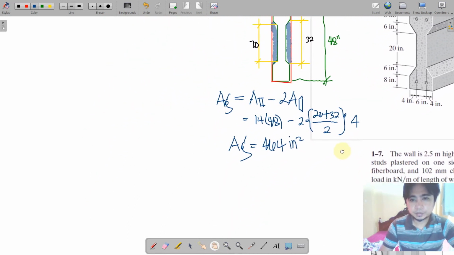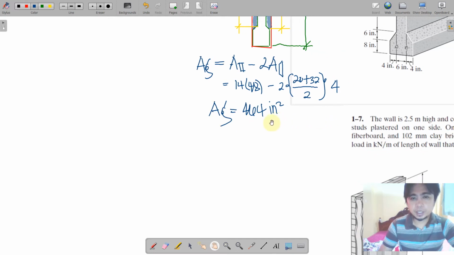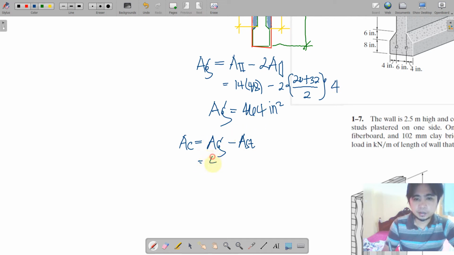Now we will have to compute the net area of the concrete. That is the gross area minus the area of the steel, because again some spaces were occupied by the steel. So we have here 464.